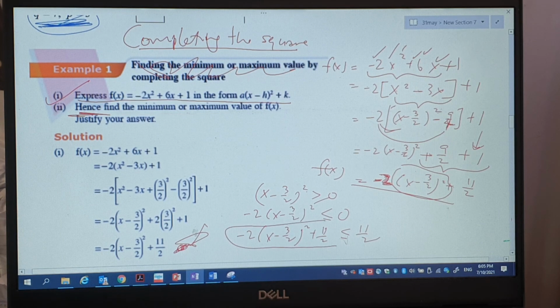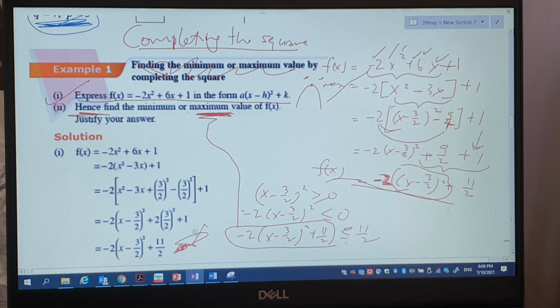Don't you agree that this is your maximum? Actually, you already know, right? This coefficient is negative, so it is a sad face. That means it must be maximum. But you see, by doing this, completing the square method, right?